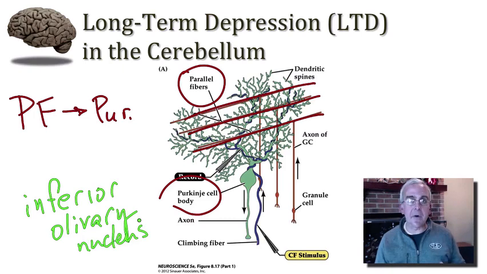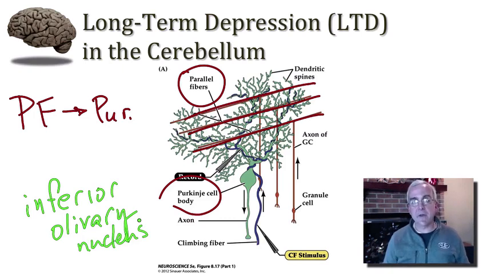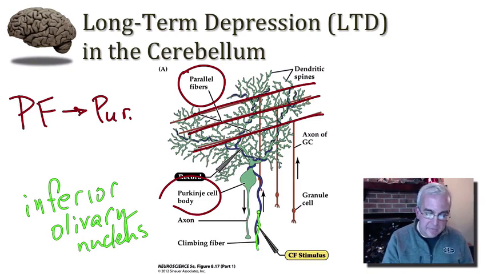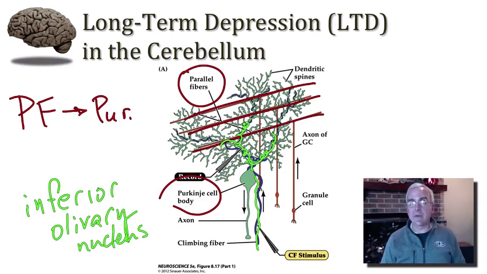And the olive is a bulge in the ventrolateral surface in the medulla caused by the growth and development of this nucleus. Well, this nucleus contains cells that grow out these very special axons that enter the cerebellar cortex and wrap around the primary dendrites of these cerebellar Purkinje cells.